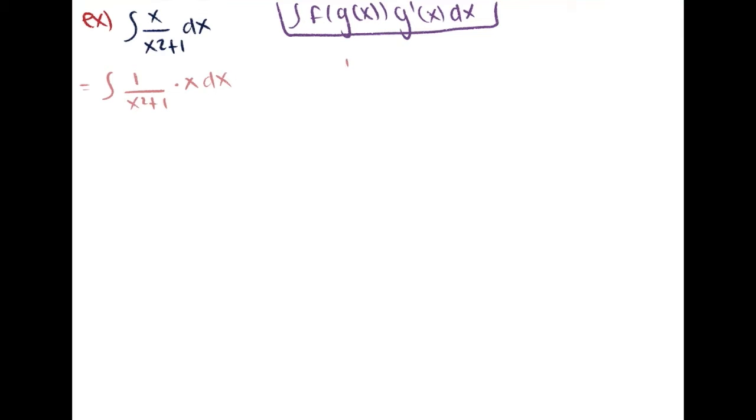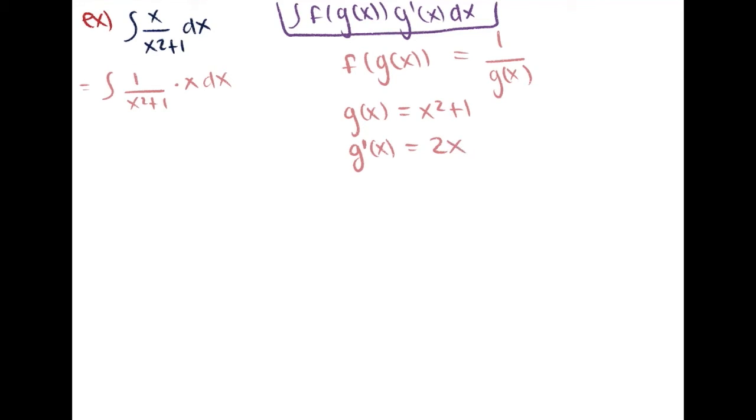And I'm going to say my f of g of x function just takes the reciprocal of g of x. Okay, and in this way, I can kind of see, well, let me set g of x equal to x squared plus 1. But this is where the problem occurs. If I take the derivative of g of x, I get 2x.